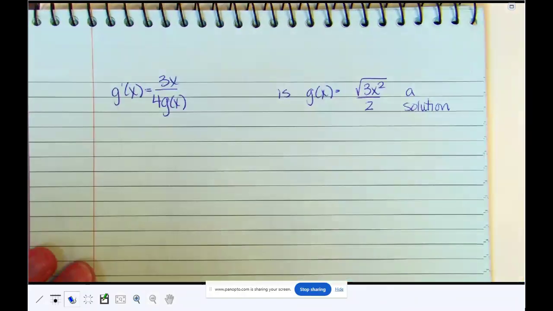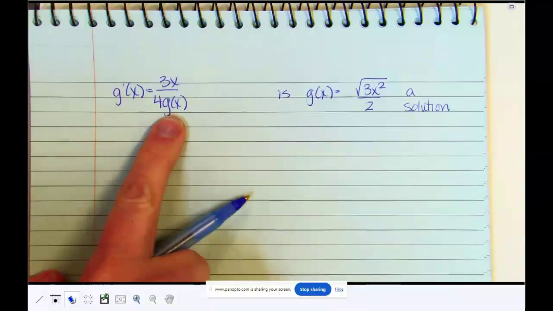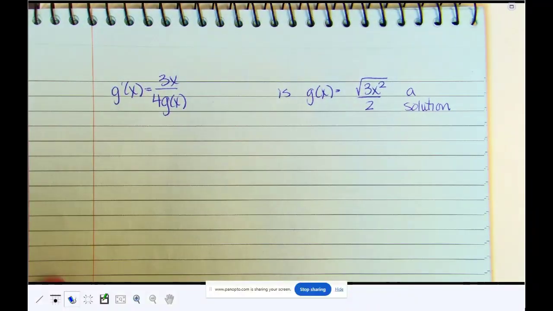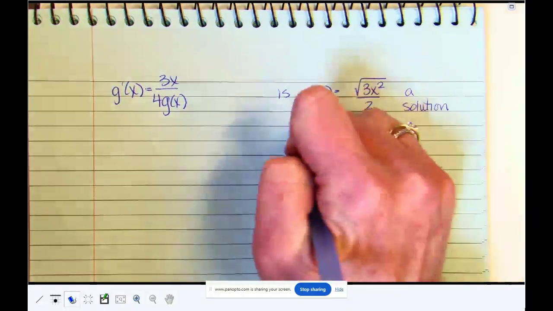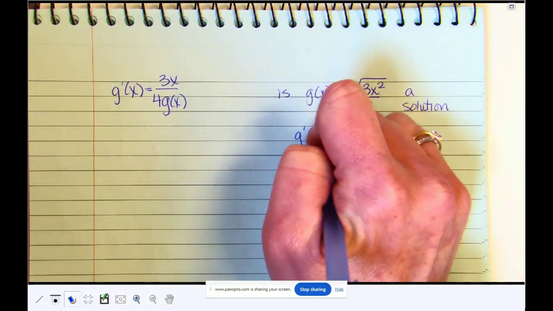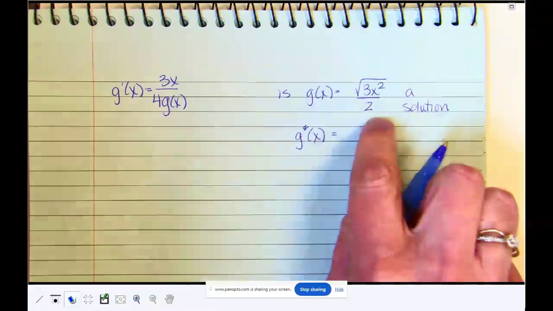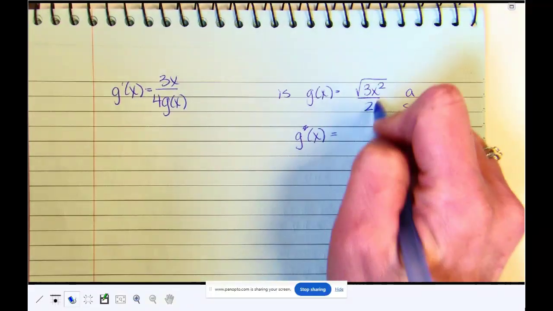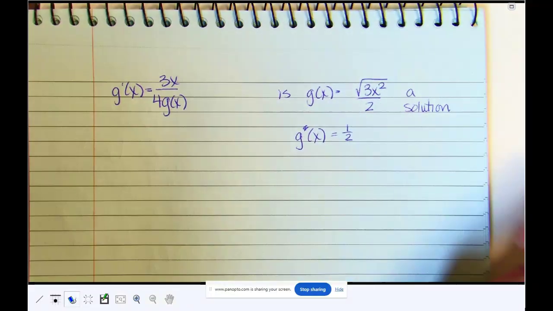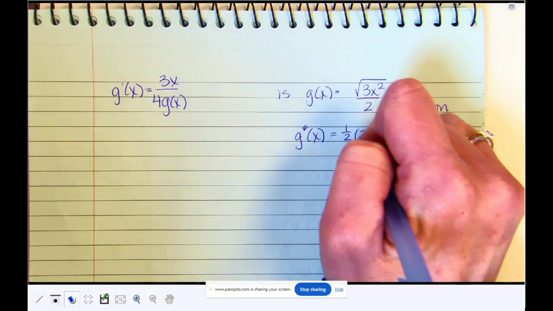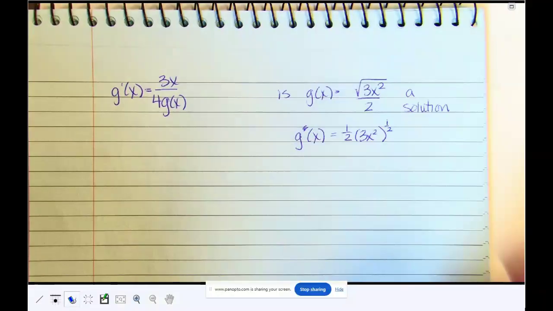Now, we've got to have g prime. I got g. I need g prime. So I would say, if you're going to be efficient about finding your g prime, rewrite this guy. We're dividing by 2. That's the same as multiplying by 1/2. We've got 3x squared to the 1/2 power.